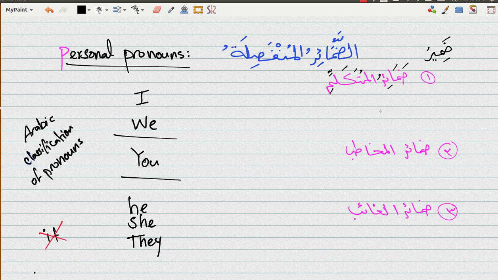So ضمائر المتكلم, first person pronouns, would be in Arabic either أنا or نحن. أنا means I, نحن means we. Very simple. Now, when it comes to ضمائر المخاطب, we have 5 of them.